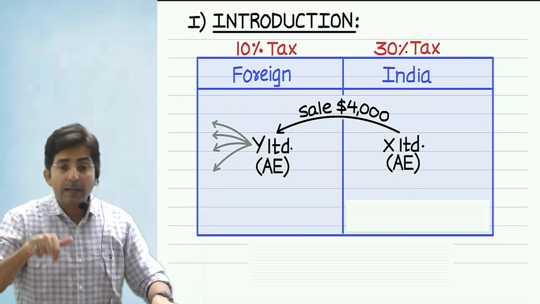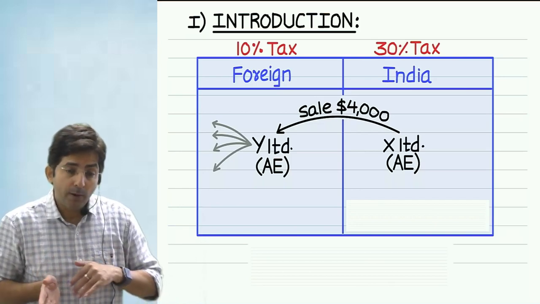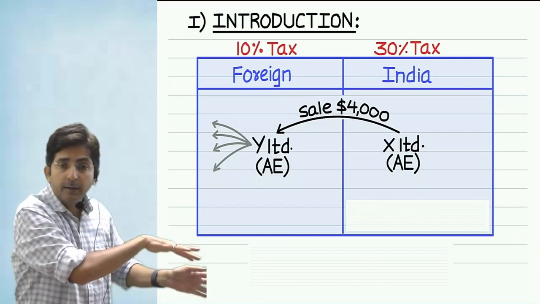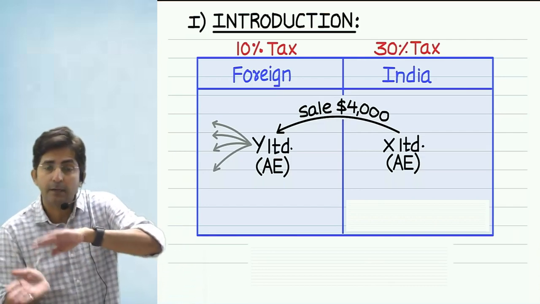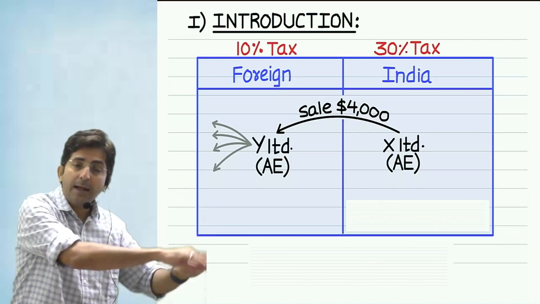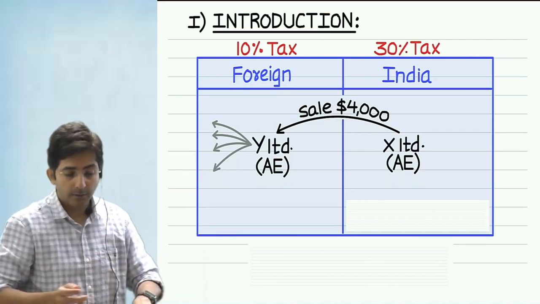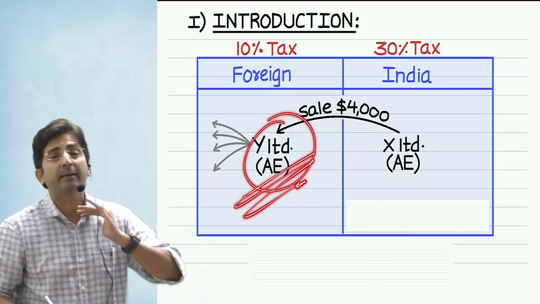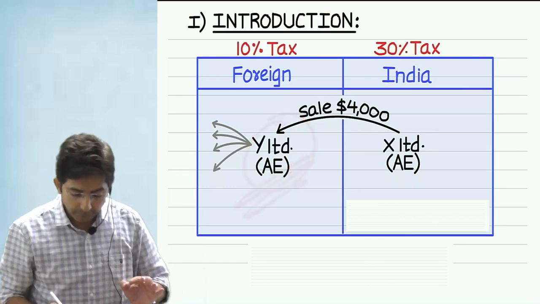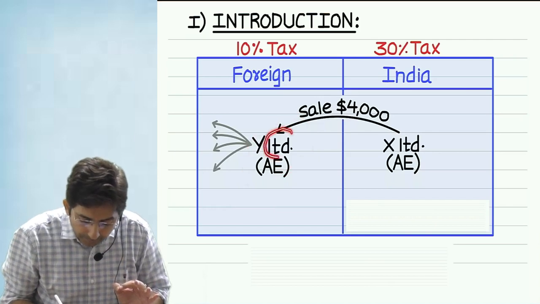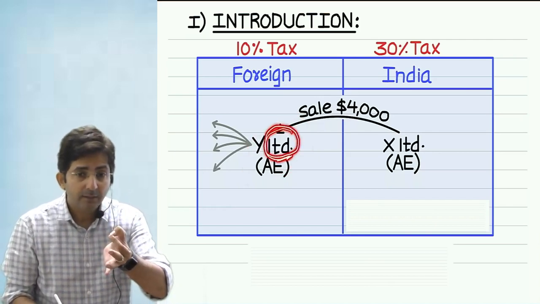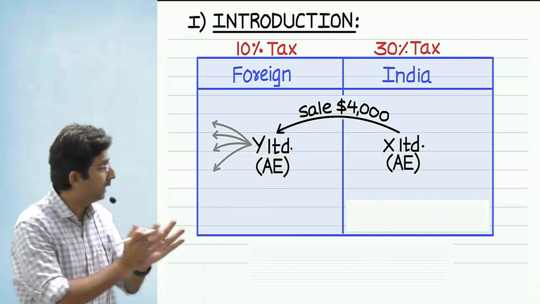But here what I am doing is, I have opened a separate entity like Y Limited in a foreign country, and then first I will sell to Y Limited, and then Y will sell to the ultimate customer. So what was the reason for opening altogether a separate entity? Did you notice it is Y Limited? And when you see the word LTD, that is a sign that it's altogether a separate entity.